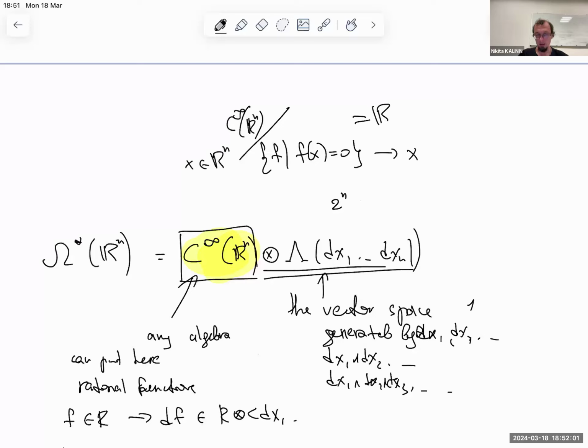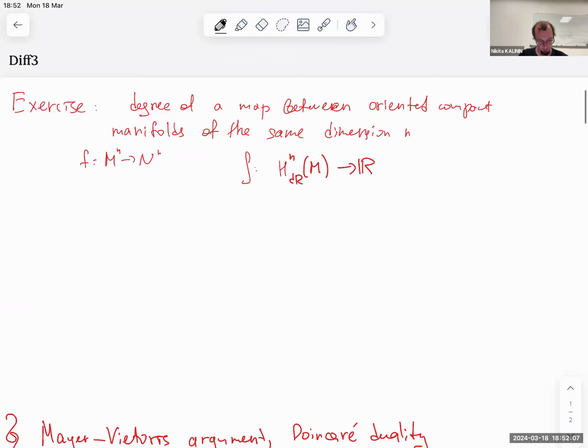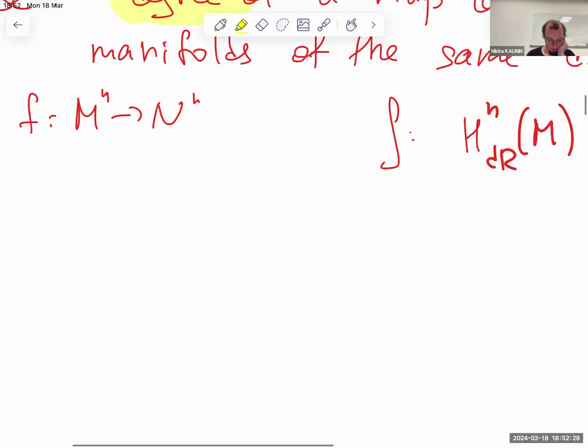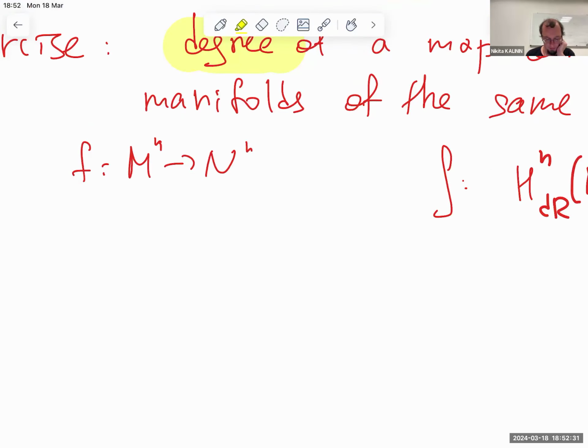Okay, good. Then let me get back to the topic of the course. So first, let's discuss the exercise. For the next time, we want to understand the degree of a map between two manifolds. You have a certain smooth function f between M and N, and these are two manifolds.